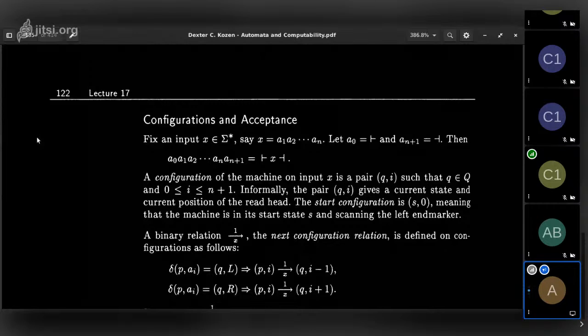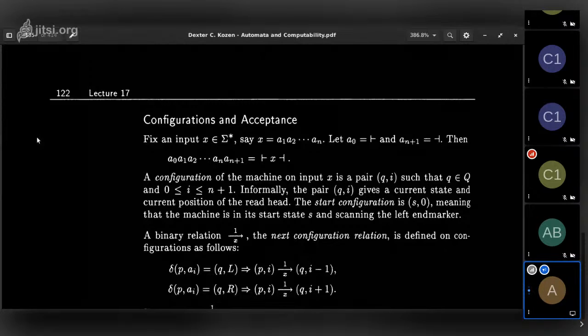Anyway, for this model, we will represent the current state of the machine using what is called a configuration.